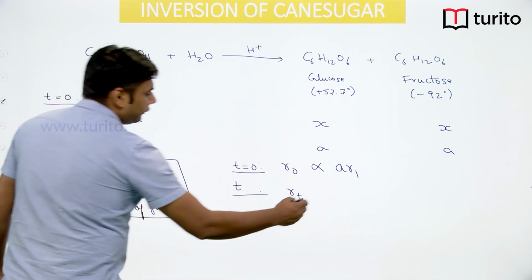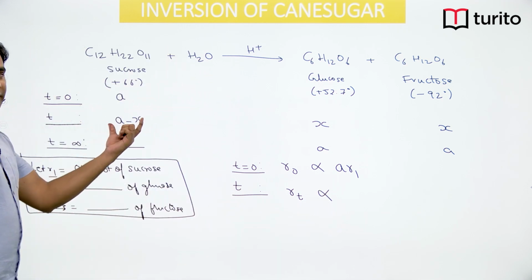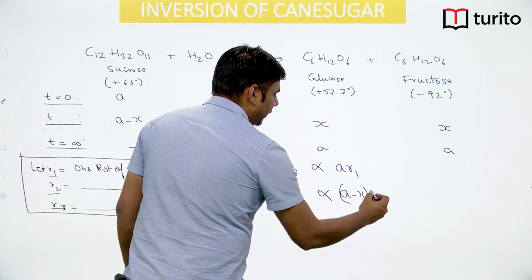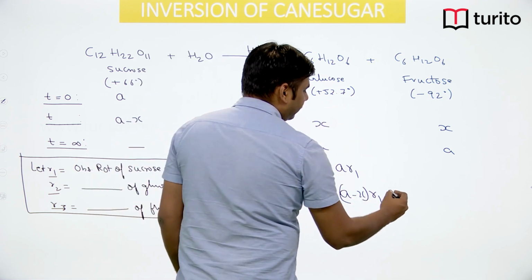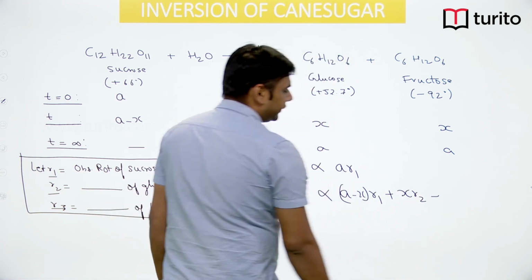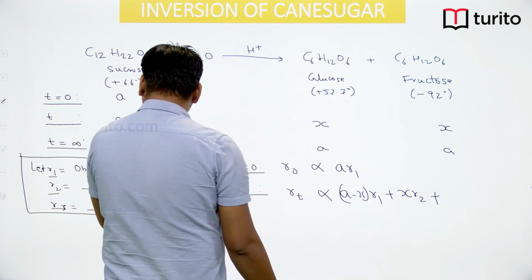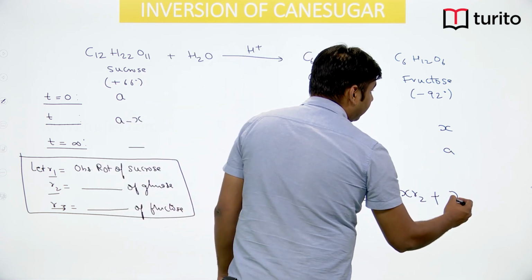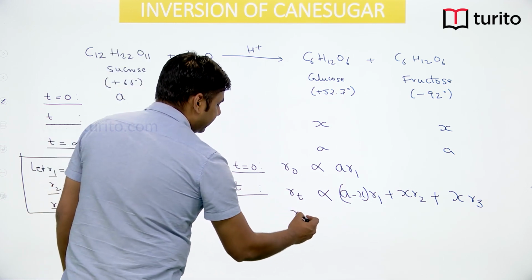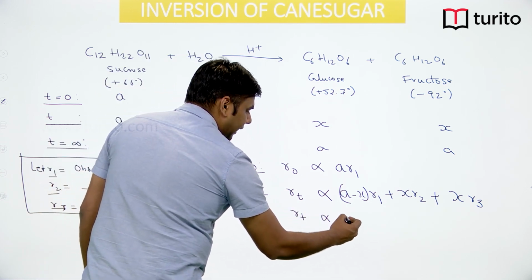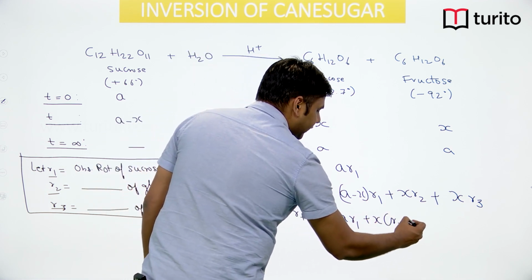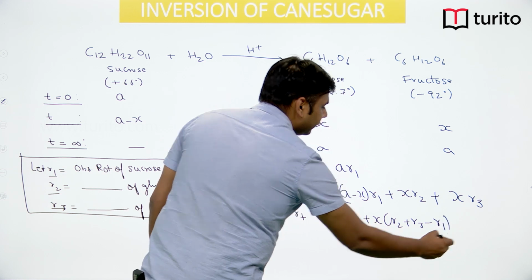So the rotation of sucrose would be A minus X moles into R1, plus moles of glucose, that is X, into its optical rotation, that is R2. Similarly, moles of fructose into its rotation, that is R3. So we can write RT as proportional to A R1 plus X into R2 plus R3 minus R1.